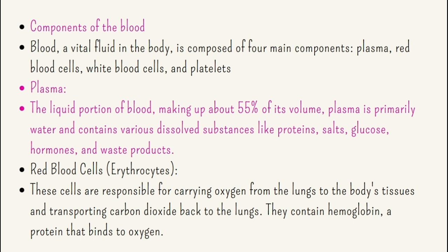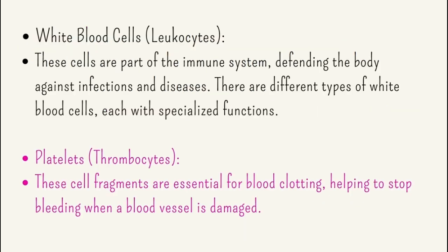So you just need to know the function and know that these are the components of the blood. You might see it on the MCQ, or on the paper in a free response. So infection, white blood cells, and then blood clotting, platelets, right?